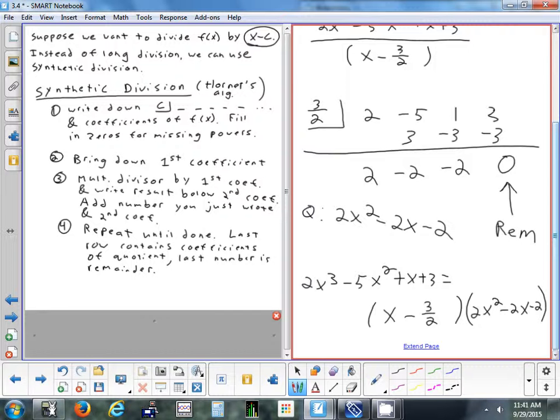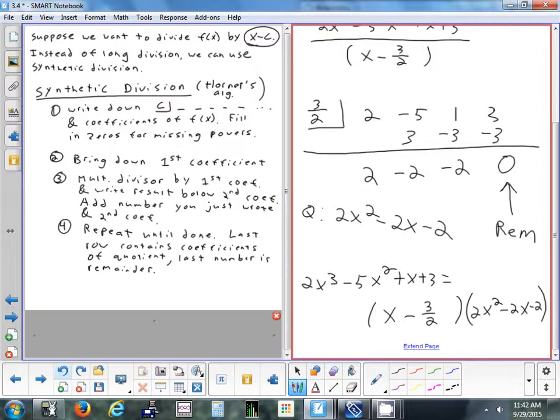Well, x minus 3/2 is a factor. We proved that because we've got a remainder 0. So what's the other factor? Look at your quotient. This times this gives you what you started with. That's exactly what we just wrote. So any question on how we just factored that?